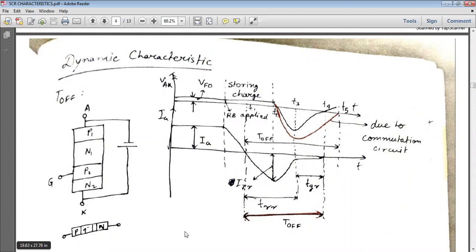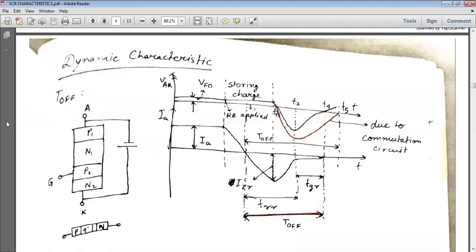So to protect the device, the reverse voltage is made to conduct some more time by some external means, so that the device can come to forward blocking state after T4.